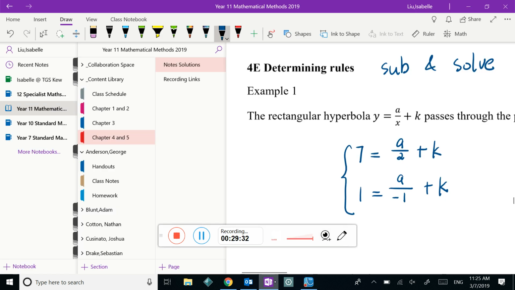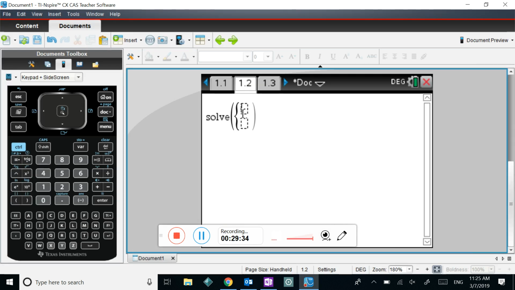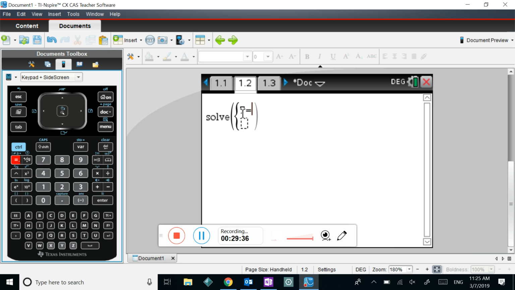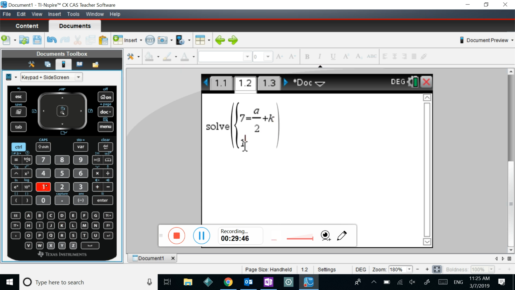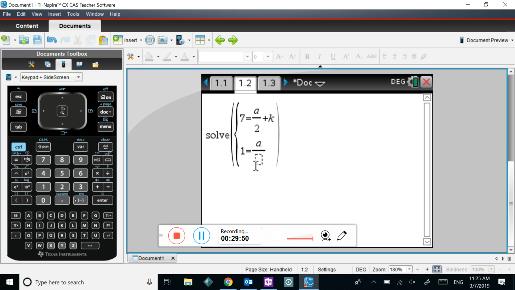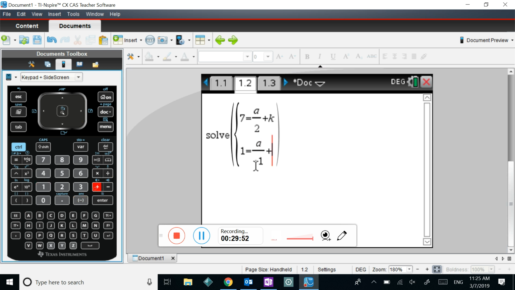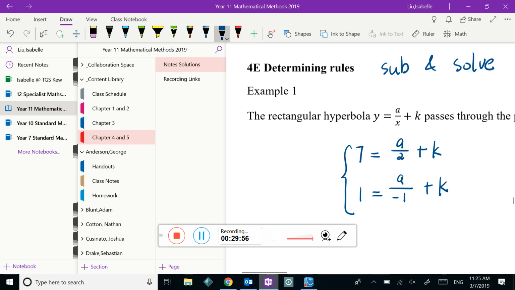What we have is 7 equals a over 2 plus k. And then we have 1 equals a over -1 plus k.